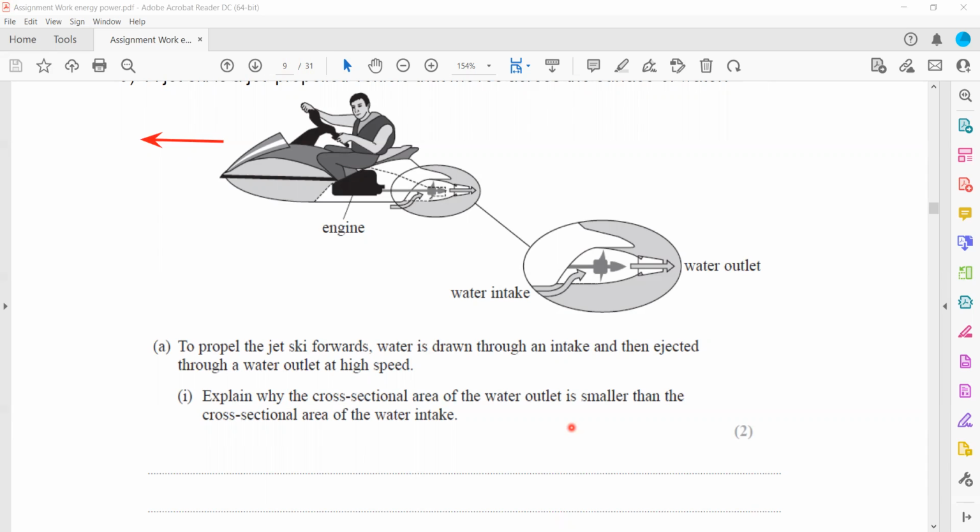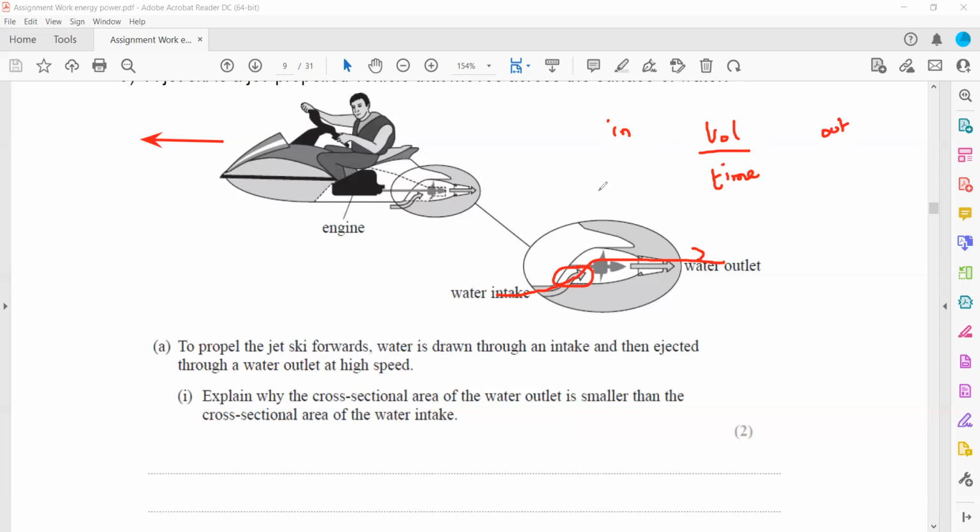The one with the smaller area will have a greater change in speed. The volume of water per unit time which comes in and which goes out will be the same.